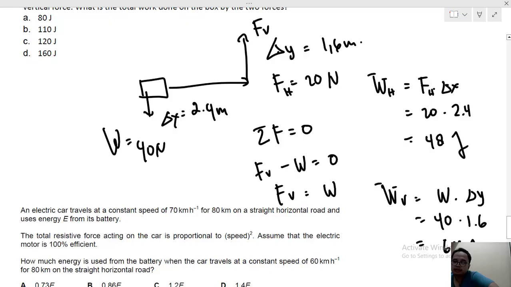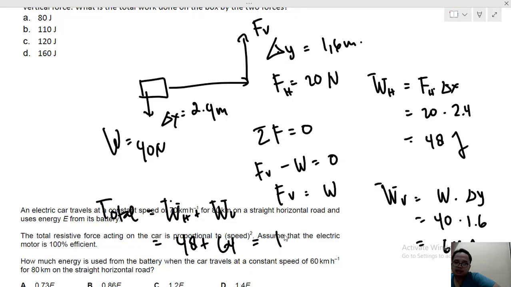64 joule. Because the question asks for the total work done, total work done equals horizontal work plus vertical work: 48 plus 64, so the result is 112.